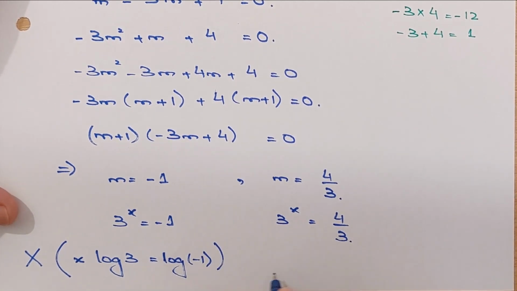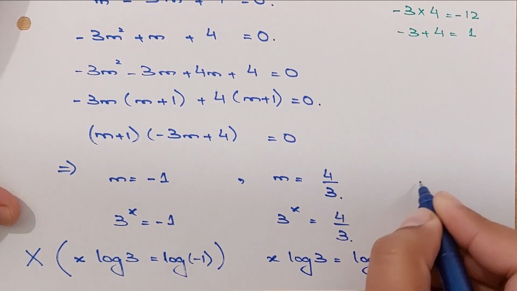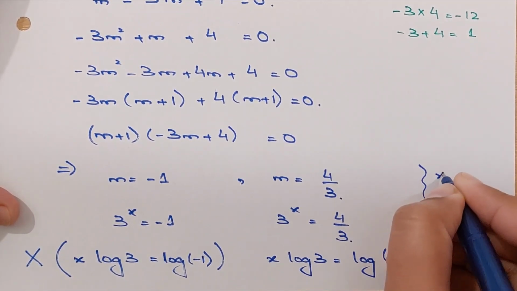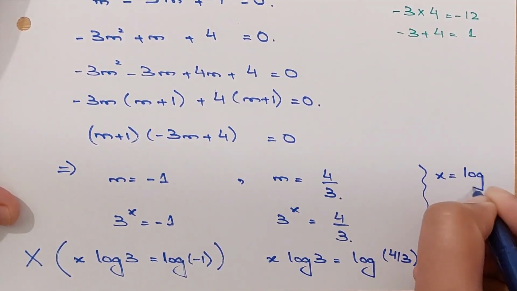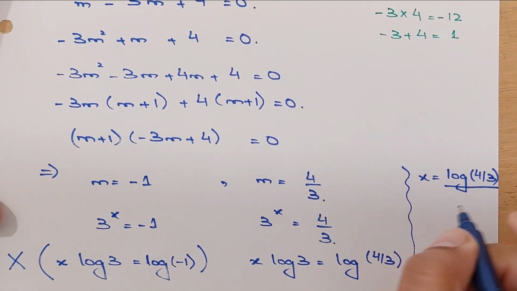Now by the second factor, x log 3 equals log of 4 by 3. So the x value equals log of 4 by 3 divided by log of 3.